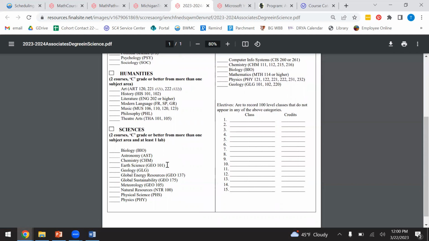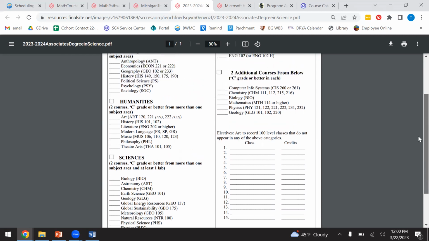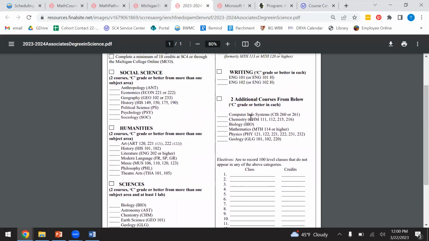And for a pre-med, they want you to have a whole bunch of biology and chemistry. So you wouldn't really want to waste your science classes taking astronomy or physical science. For an engineering path, that would be some chemistry, and then pretty much a whole bunch of physics and higher level math. So again, that's where you would want to spend your requirements.